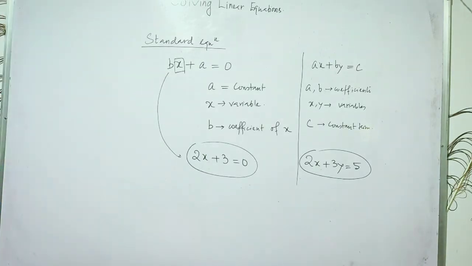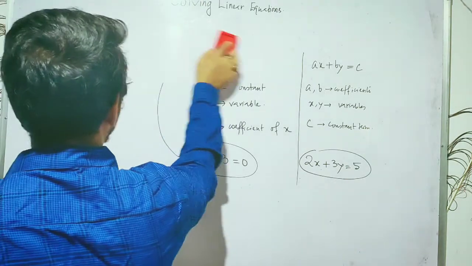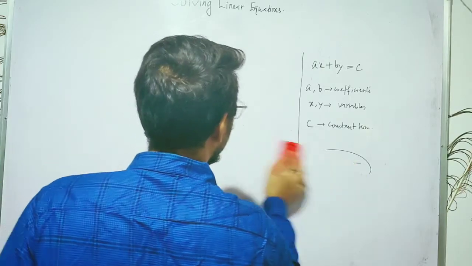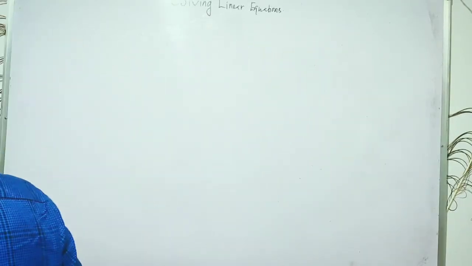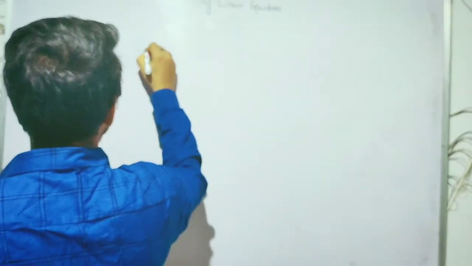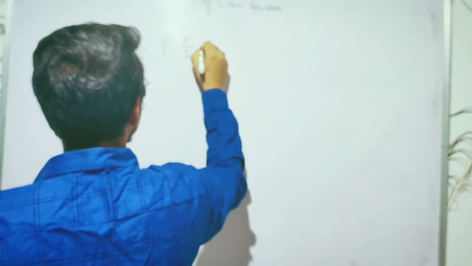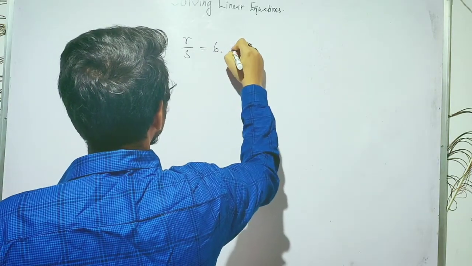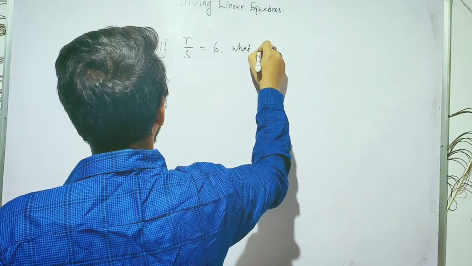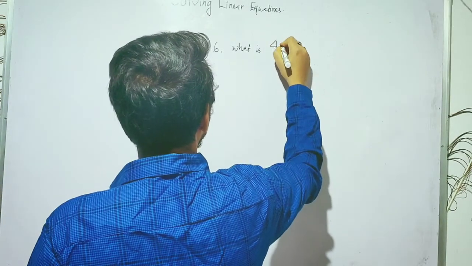So now that these theories have been said, let us now start doing some questions from linear equations. So here is the first question. If r over s equals to 6, what is 4s over r?